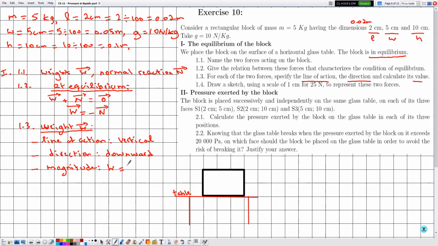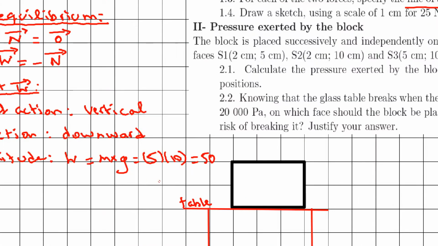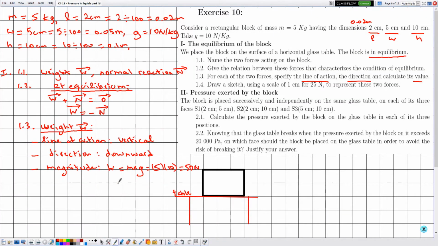So W is equal to m multiplied by g. The value of m is 5 and the value of g is 10. Plugging this on the calculator, the magnitude is 50. Since both m and g are expressed in the SI, the value of W will be in the SI, which is in newtons. So the magnitude of the weight is 50 newtons, and this is important.